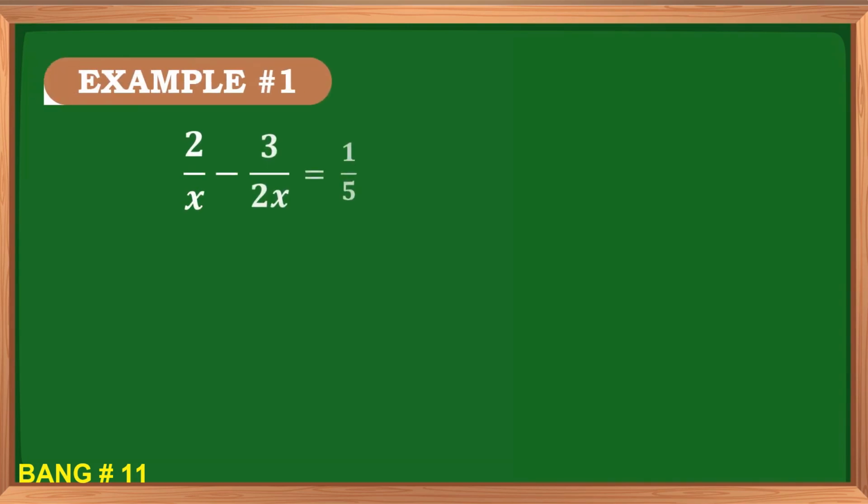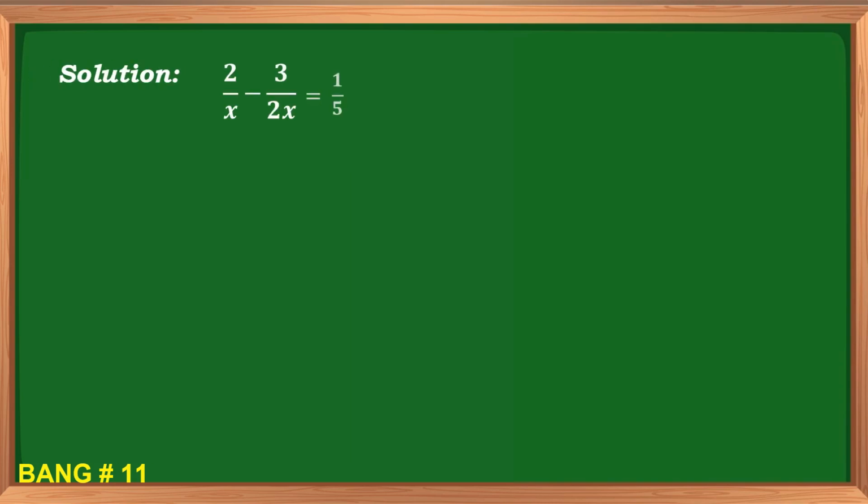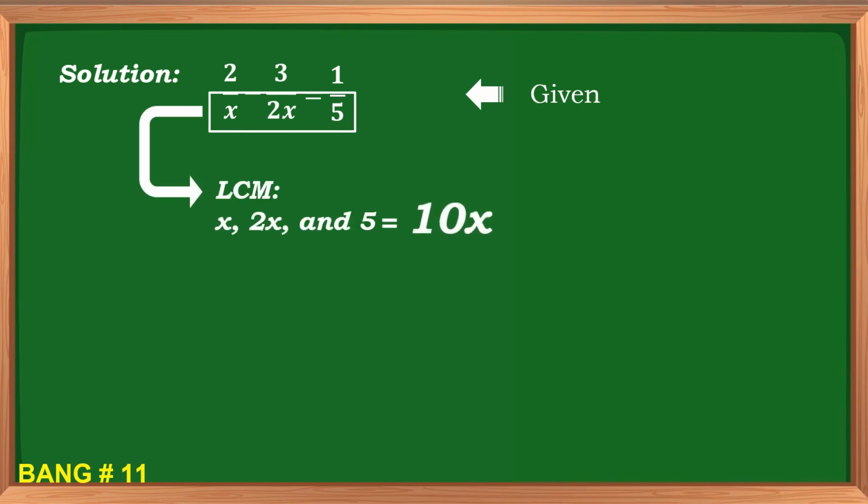Let's have this example. Solve for x in 2 over x minus 3 over 2x is equal to 1 over 5. To start with our solution, we need to find the least common multiple of all the denominators of the equation. Given the original equation, the LCM of all denominators is 10x.